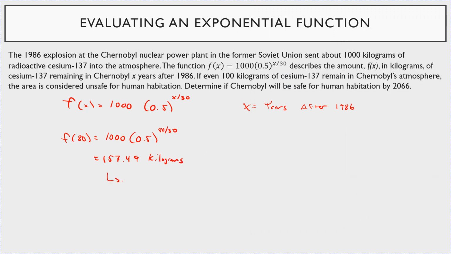Okay, so this is crazy. This happened in 1986. So even by 2066, it's still unsafe. Wow. What'll be interesting is, in the coming lectures, I'll show you how to solve this to figure out what year it actually will be safe to go back to Chernobyl.